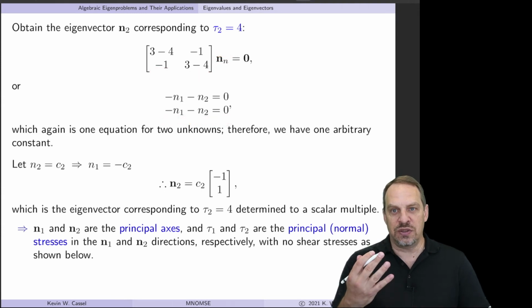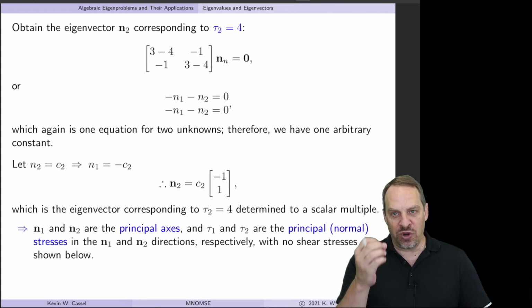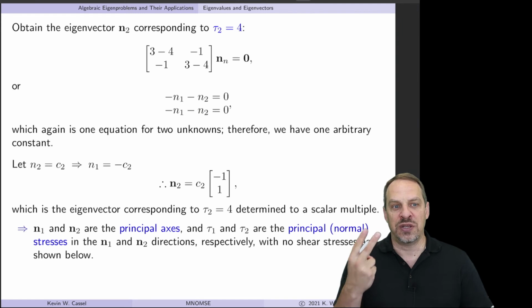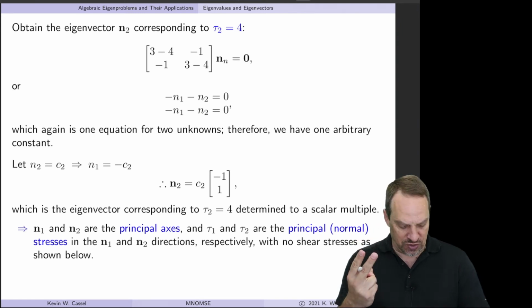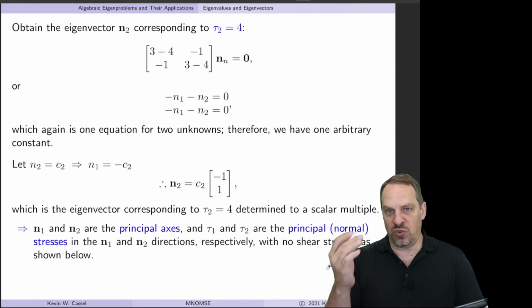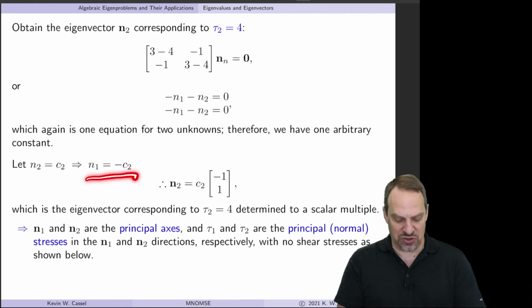So once again, now it's even more clear. We can see that we only have really one equation for two unknowns. Both equations are precisely the same. So once again, I can pick n1 or n2 to be some constant. I'll call n2 c2. And if n2 is c2, to satisfy this equation, n1 has to be minus c2.